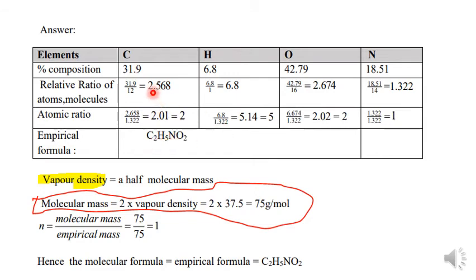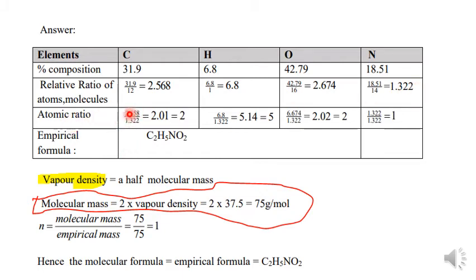I think you know how to calculate this one. Here we have this percentage divided by the atomic mass of carbon, hydrogen divided by its atomic mass, and likewise for oxygen and nitrogen. Then we take the atomic ratio.